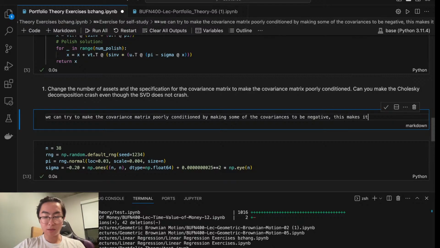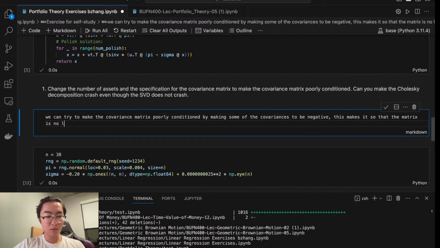This makes it so that the matrix is no longer positive semi-definite.